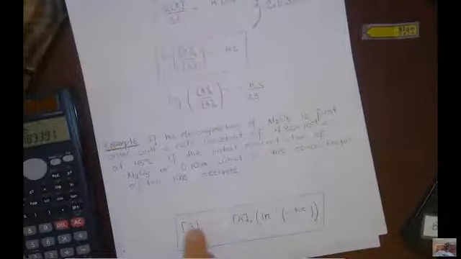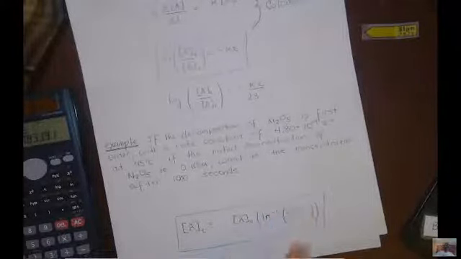Okay? So if it's a first order reaction, how much material do you have left after time t? It's equal to the amount that you started with times the antilog of minus kT.